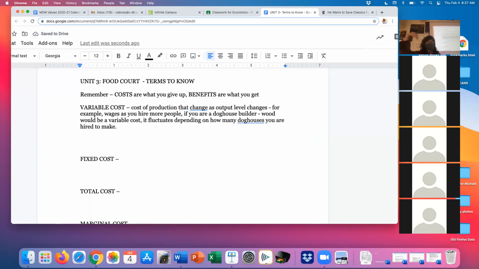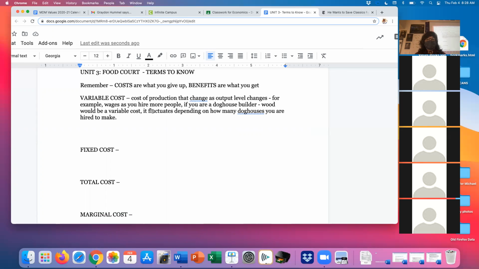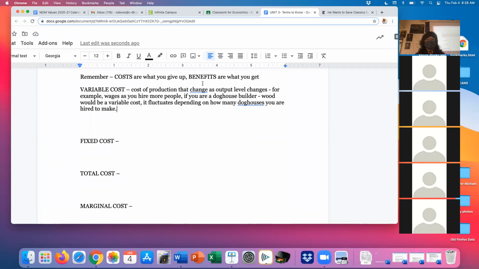So a variable, it changes, it varies, right? I don't know why I'm doing this with my arm. I'm a hand talker, okay? It changes. All right, so it varies.